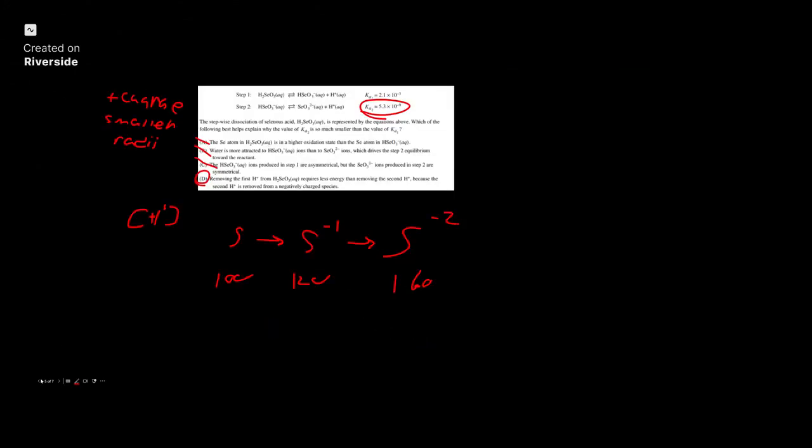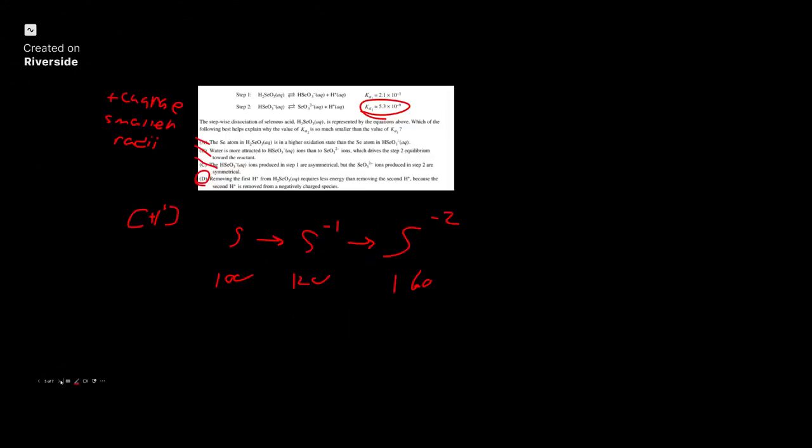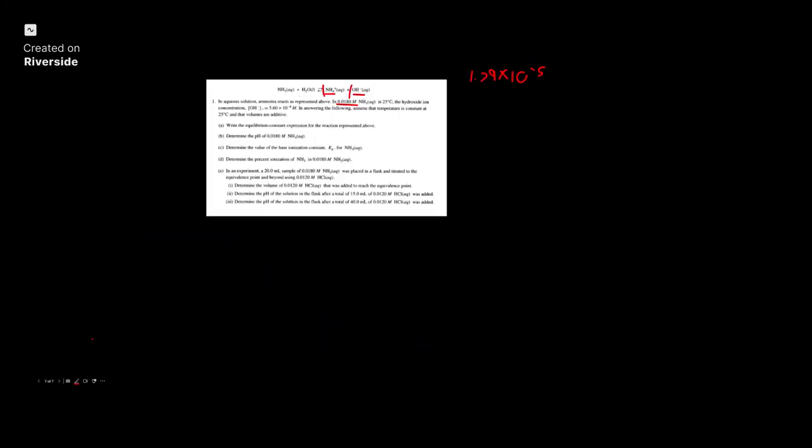Okay, so now we have: determine the percent ionization of NH3 in 0.0180 molar NH3. Same concept as the multiple choice question that we went over. Remember, percent ionization is how much broke down divided by how much it had originally.